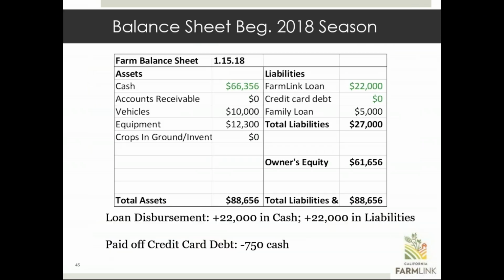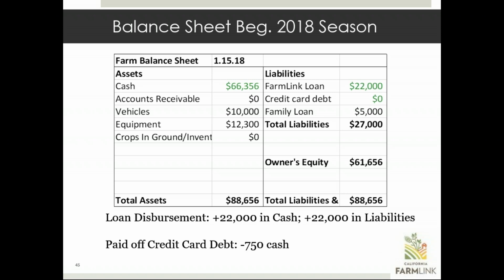If you go to the next slide, Megan, you can look at the impact that this has on the balance sheet. So this is as of January 15th, 2018, and you can see that the cash position has improved.